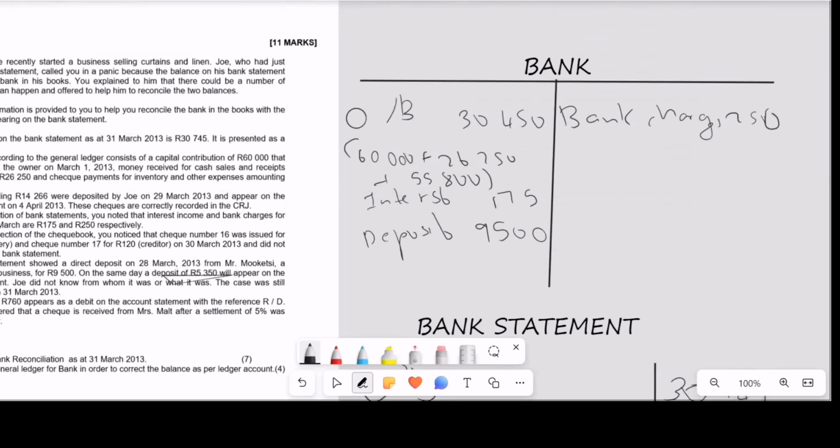So basically, we recorded a receipt. We recorded the amount as if we received it. But in actual fact, when the bank went to collect the money from the debtor, they found that the person doesn't have any amounts in the account. So therefore, the check bounced.